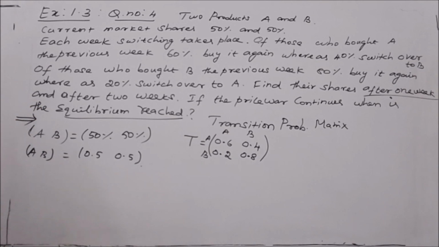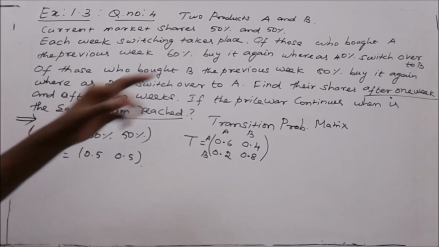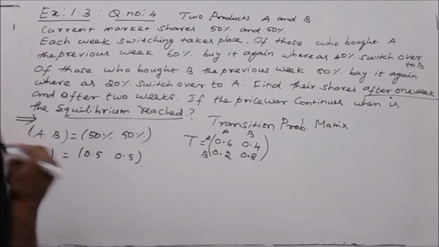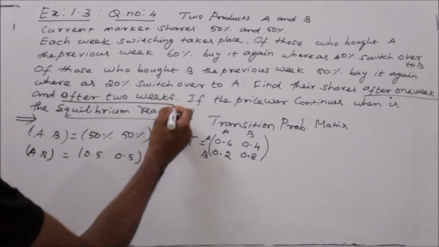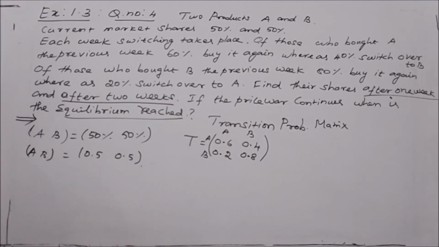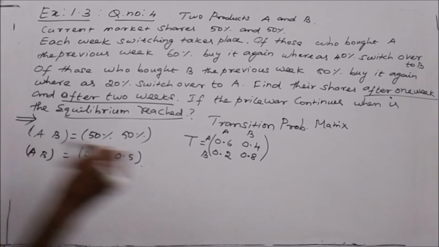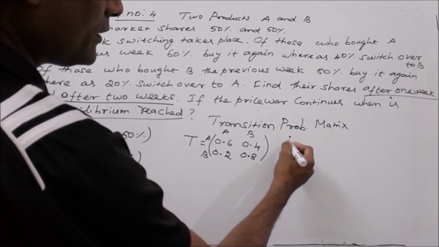Now we should find shares after 1 week first, then shares after 2 weeks, then at the equilibrium. When is the equilibrium reached, we should find. For the first case, shares after a week.